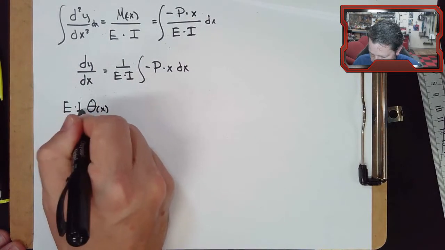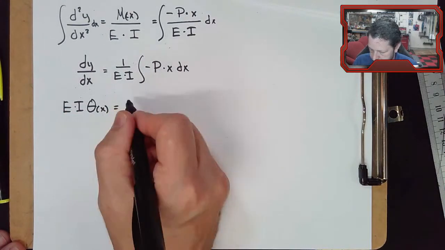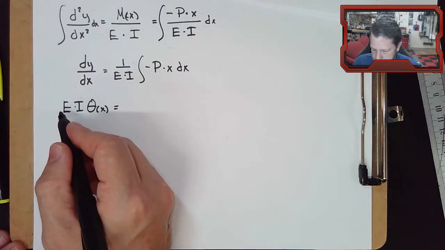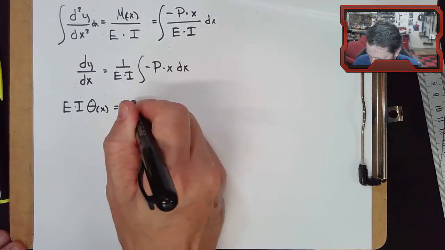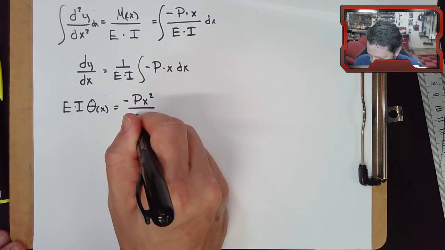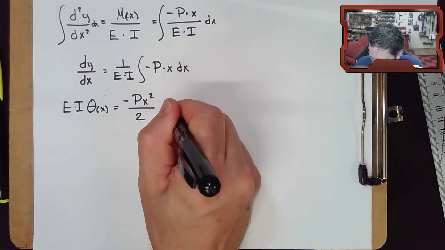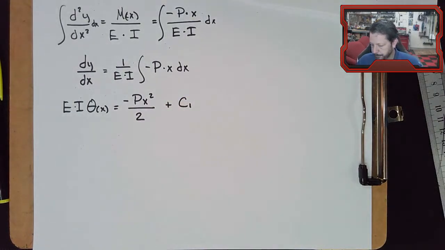And the integral of this thing, the negative sign, I guess I could put the negative over there or leave it over here. I'm going to leave it with this guy. Px squared over 2. We did generate a constant of integration, so plus C1. So we need to solve for that C1.